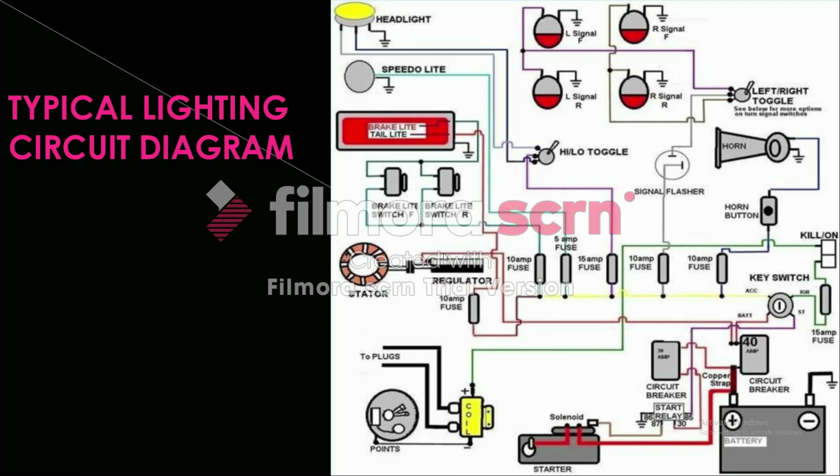This is the typical circuit diagram of a lighting system in an automobile. Here you can see the headlight, the switches, the brake switch, the fuse, the horn, the battery, and the plugs.